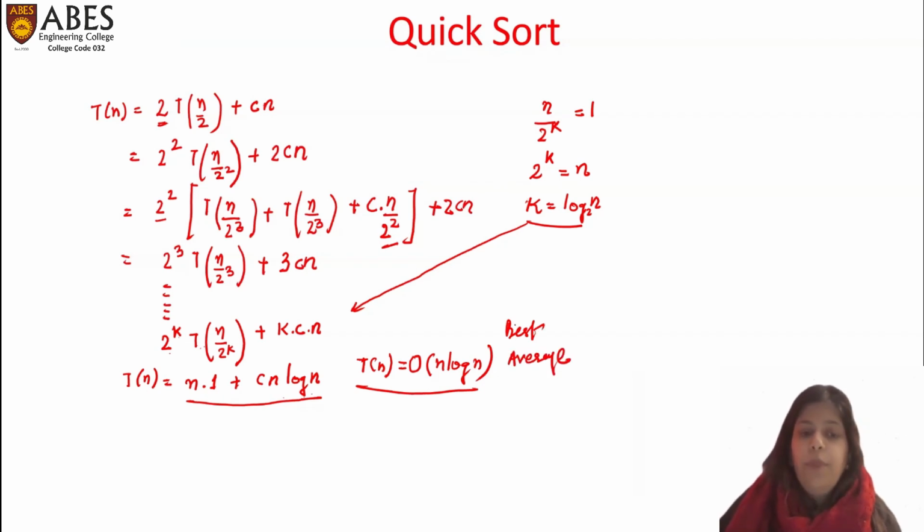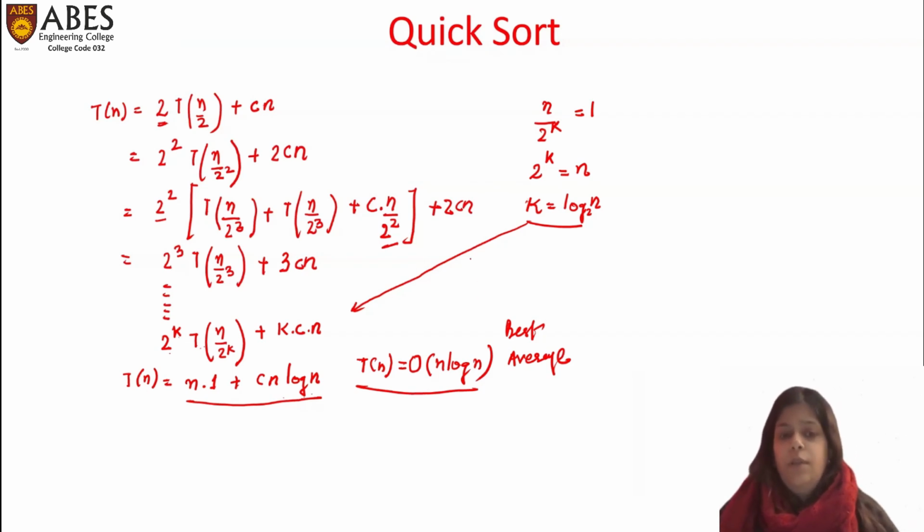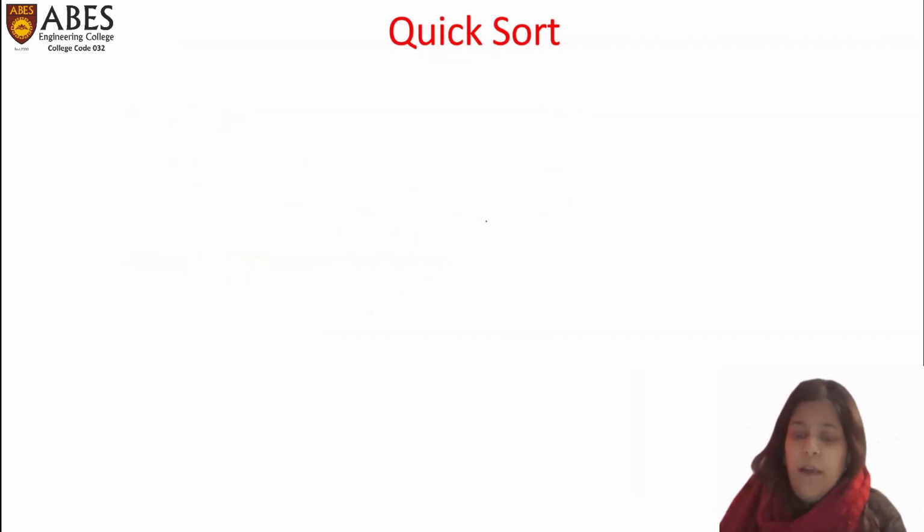In order to compute the worst case complexity of the quicksort algorithm, suppose we have one array which is already sorted, like these 5 values.